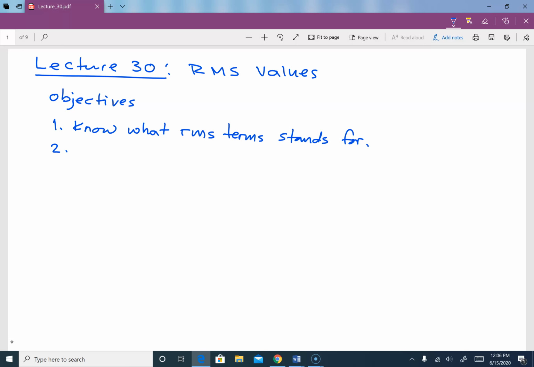The second objective is to calculate the RMS value for any periodic waveform.